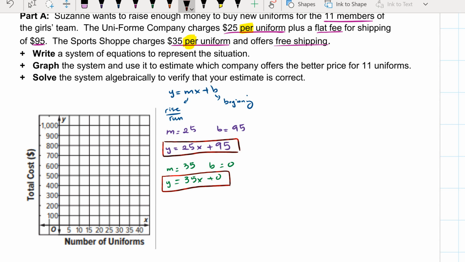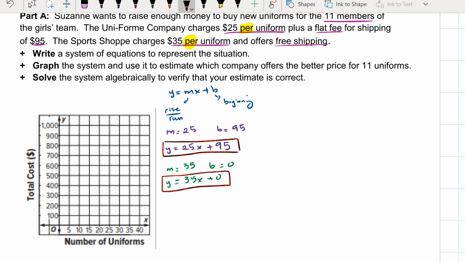Part two, we're going to graph the system. Based on the graph on my left side, the x values go by 5, 10, 15, 20, 25, 30, and the y values go by 100, 200, 300, 400.